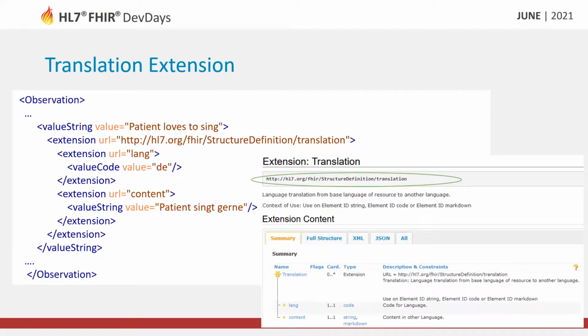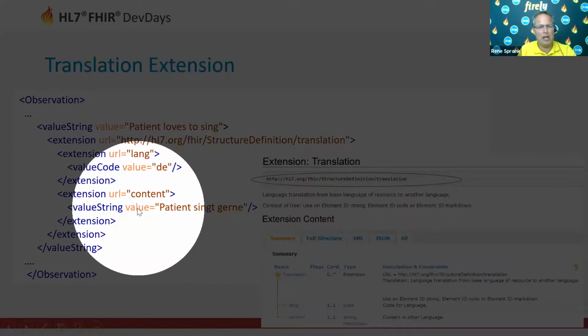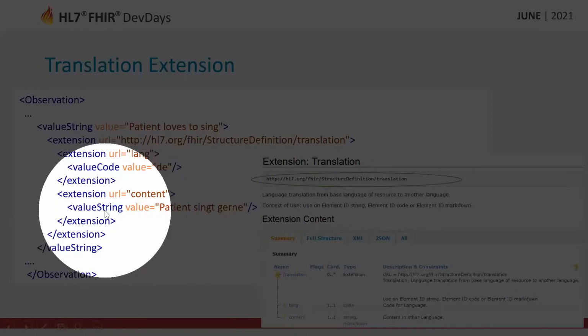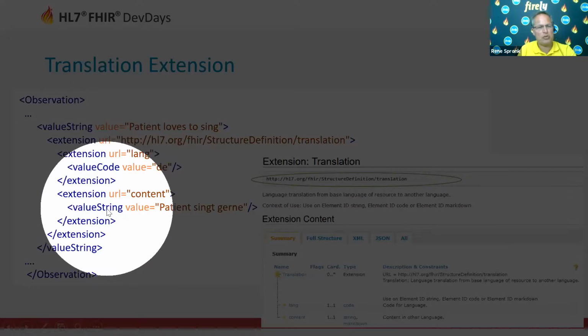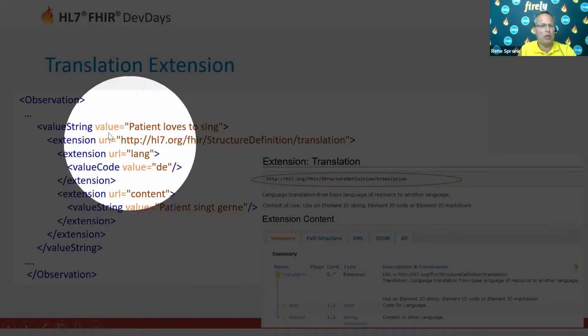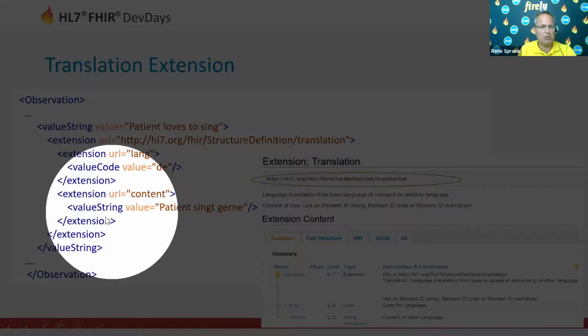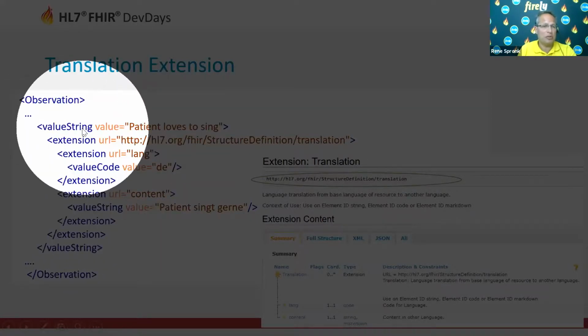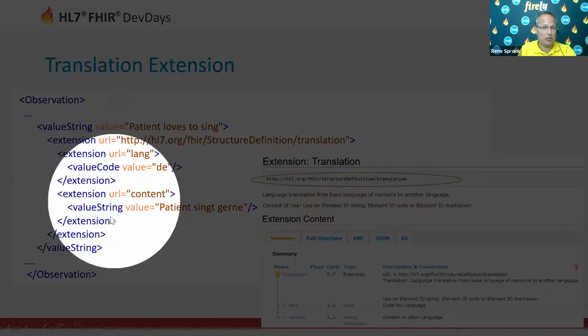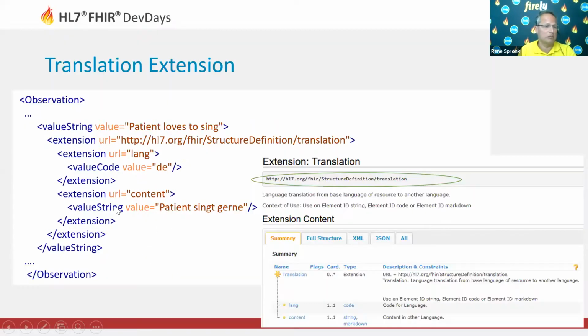Actually, the example here is a value string. Because the original one is a string, that's probably why the translation is also a string. But that's not mandatory at all. If this were a string, then this could be markdown. Or even if the value was an integer, this could still be value markdown.